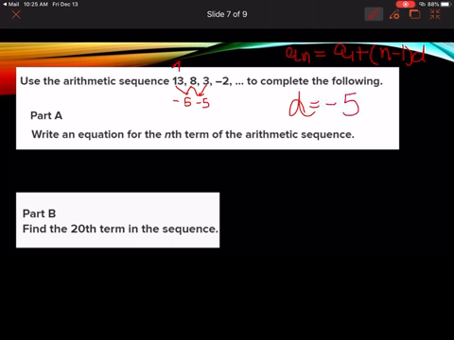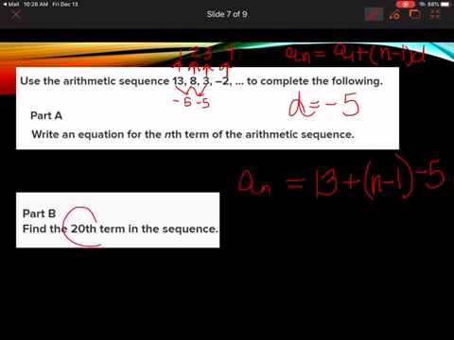This is term 1, term 2, term 3, term 4. Each one is a specific term, so those are our n's. My first term, a sub 1, is 13. So I start with what I first have, and then I have n minus 1 times the common difference. And that's a sub n.